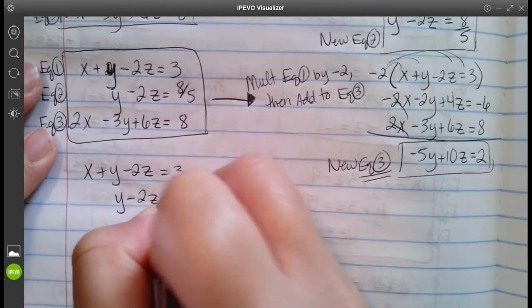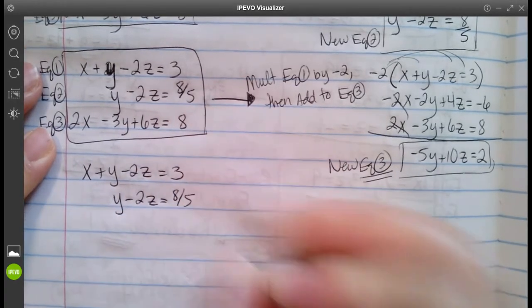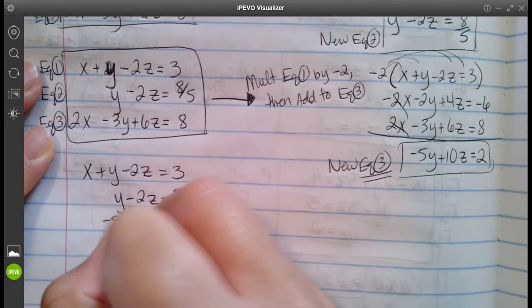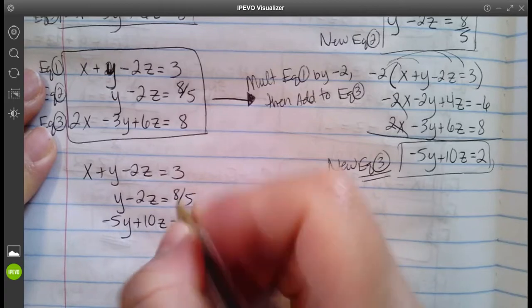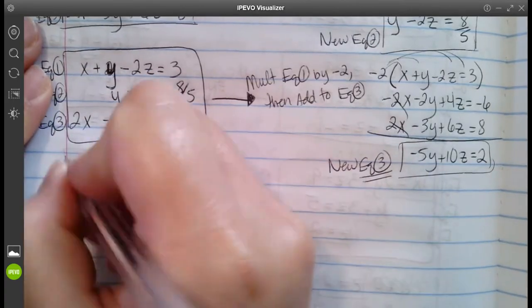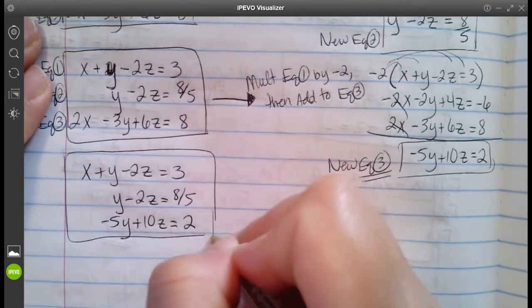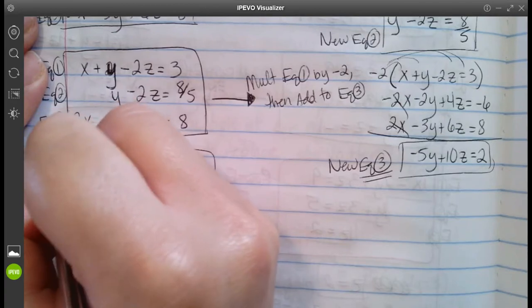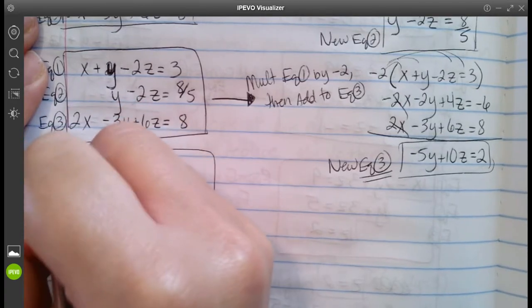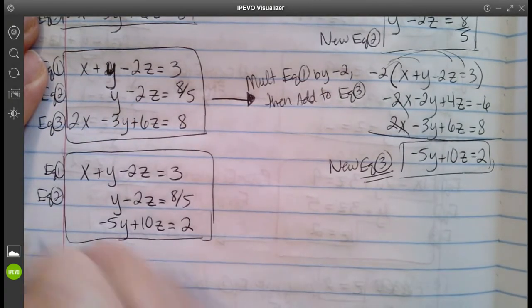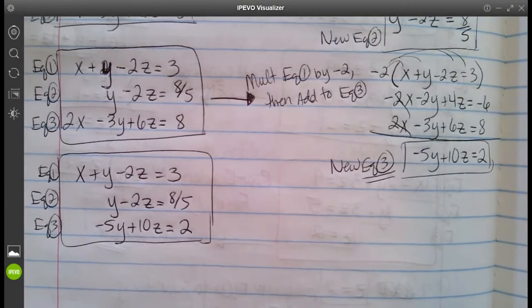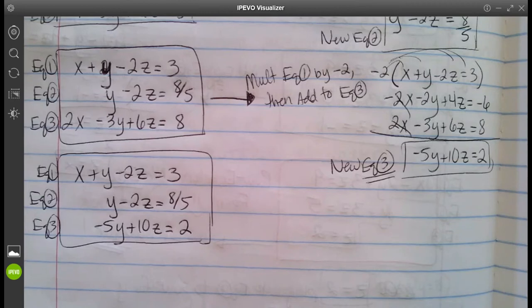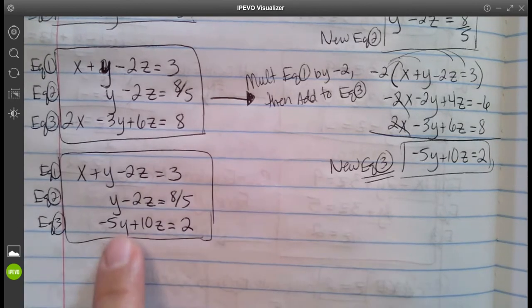Y minus 2z is equal to 8 over 5. And then negative 5y plus 10z is equal to 2. And again, equation 1, equation 2, and equation 3.